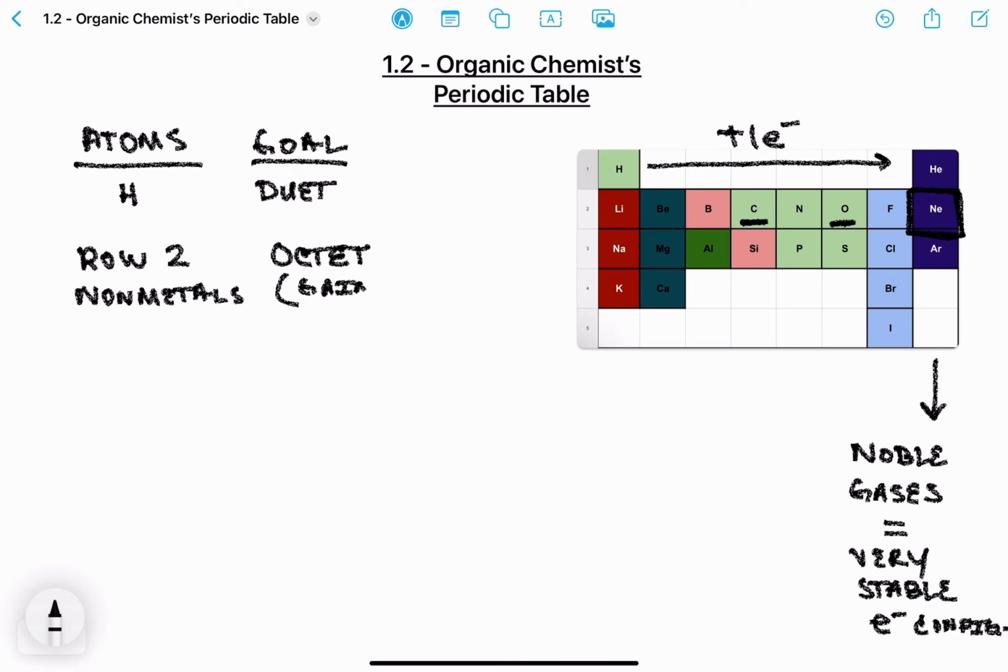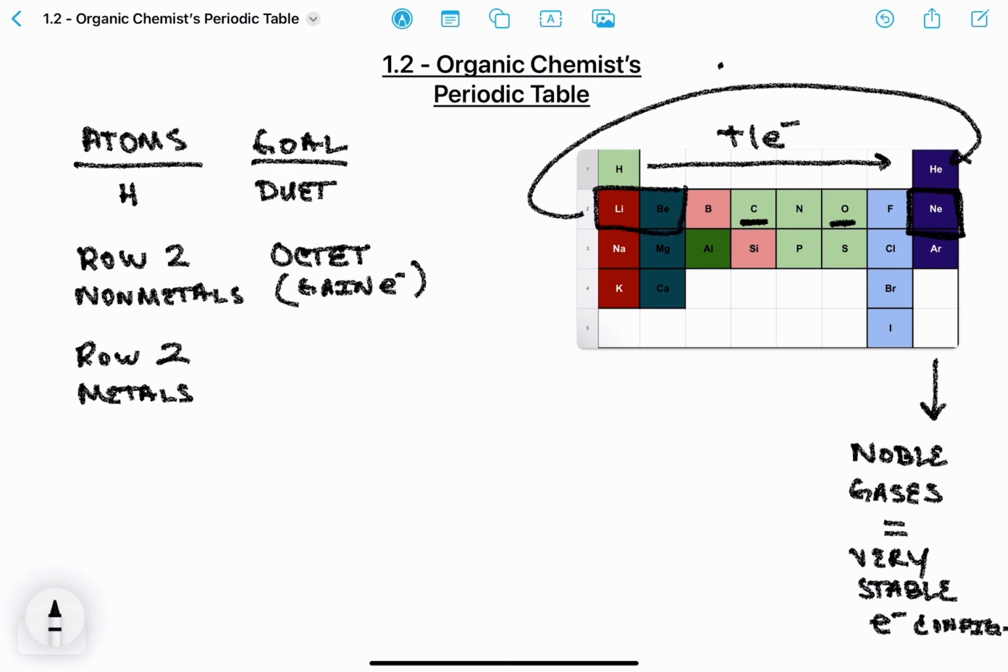This is a distinction from row 2 metals, like lithium, for instance. Lithium loses an electron to get to a duet, and therefore that stable electron configuration.